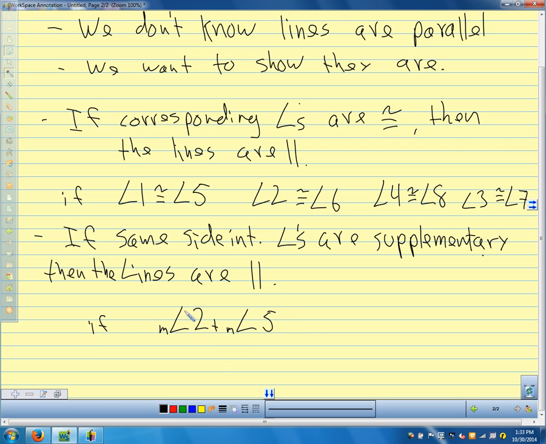If the measure of angle 2 plus the measure of angle 5 equals 180, and what's our same side interior angles on the other side of the transversal? Three and eight. If either of those is true, that guarantees us that the lines are parallel. All right, we good there?